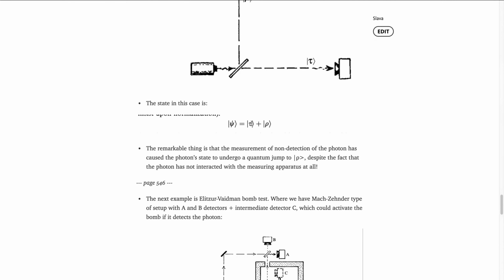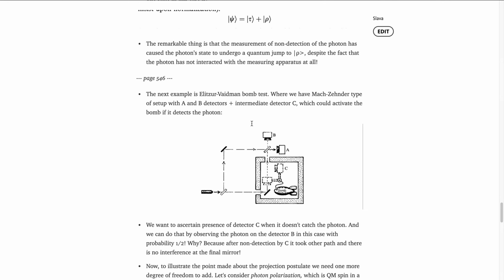state. And now we can take a look at a more elaborate example, and the next example is called the Elitzur-Vaidman bomb test, where we have a Mach-Zehnder type of setup, which we've seen in chapter 21 already, with A and B detectors placed the same way as in the Mach-Zehnder experiment, but now we have an intermediate detector C, which could activate the bomb if it detects the photon here.